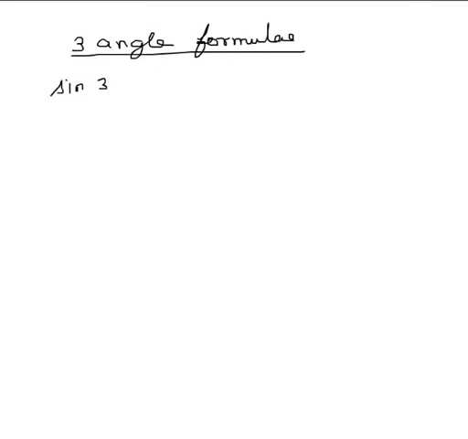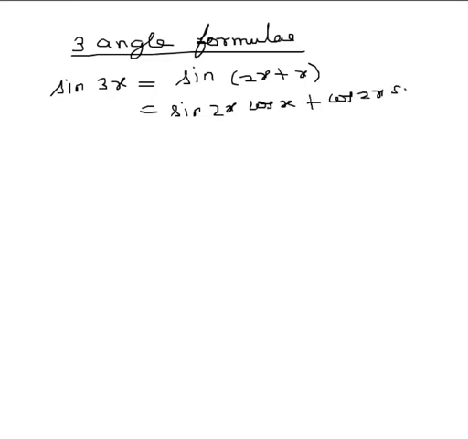Then let us derive the three-angle formulae. Sin 3x. I can write sin 3x as 2x plus x and then use the sin x plus y formula. We get sin 2x cos x plus cos 2x into sin x.